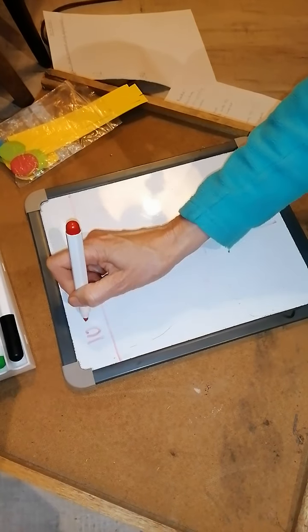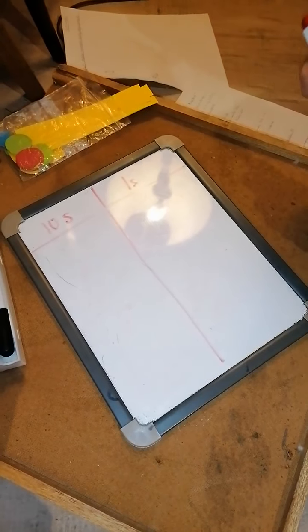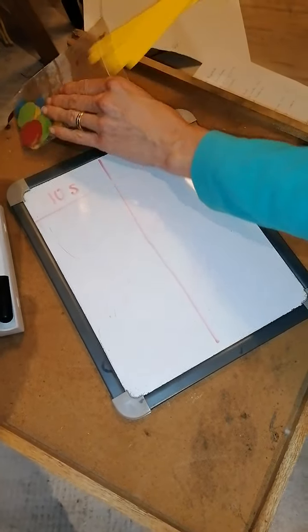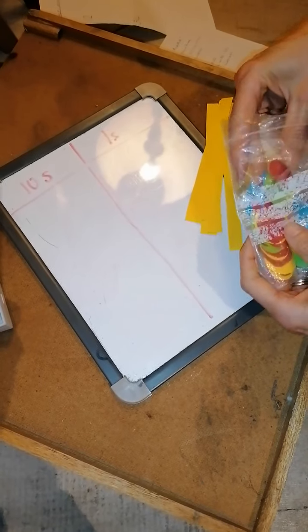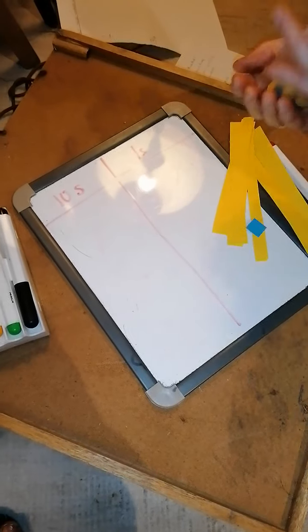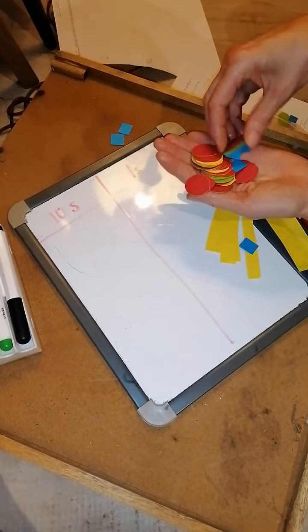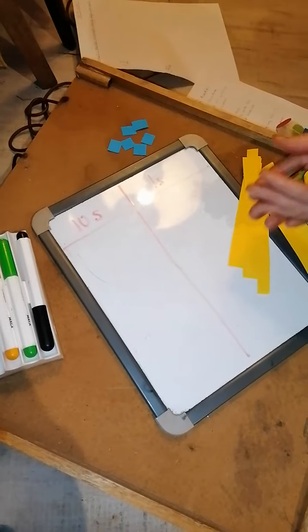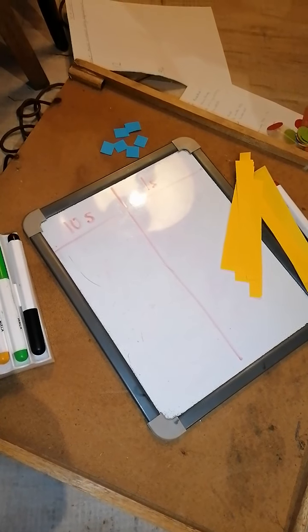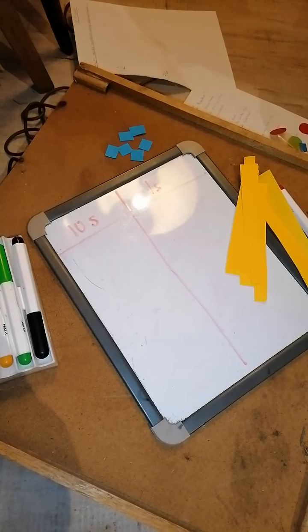So we've got our tens column and our ones column. Now, when I'm counting, I haven't got Deans or anything at home, so I'm just having to use some little things that I've got here. Let's have a look. Make sure I've got 10. 1, 2, 3, 4, 5, 6, 7, 8, 9, 10.